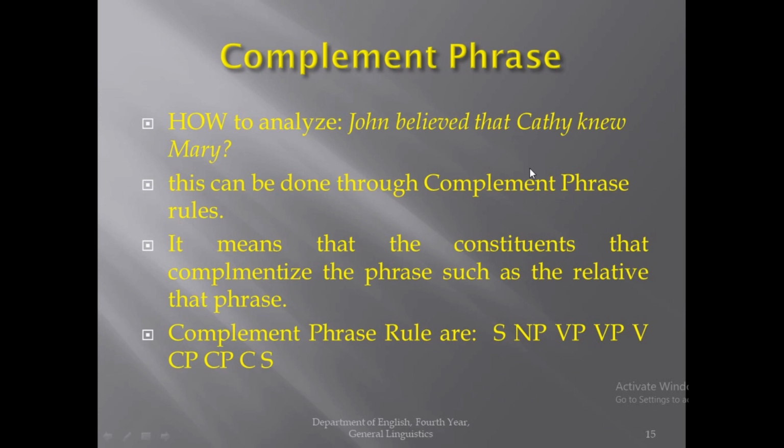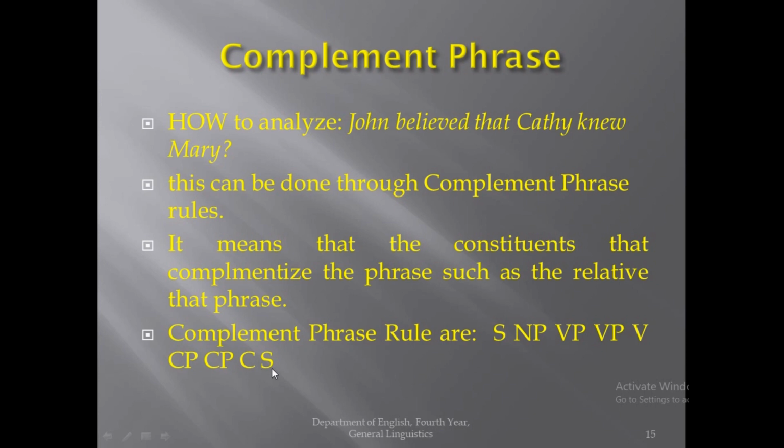Now, here the rule: sentence is to be rewritten as noun phrase, verb phrase. The verb phrase is to be rewritten as verb plus CP, which is complement phrase, and the complement phrase itself is to be rewritten as complementizer and sentence.